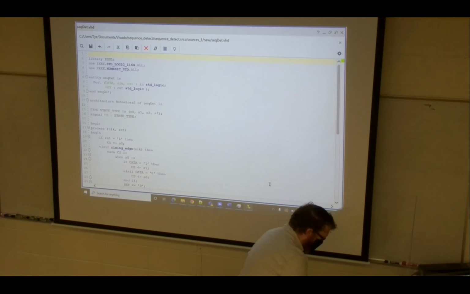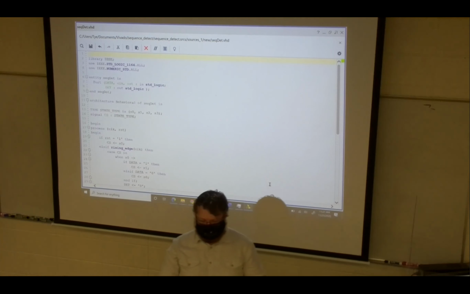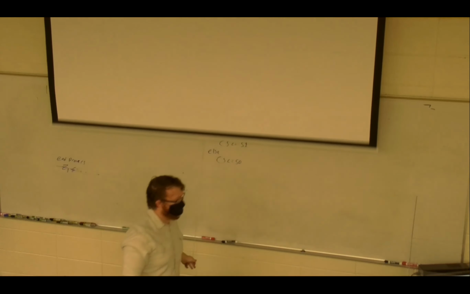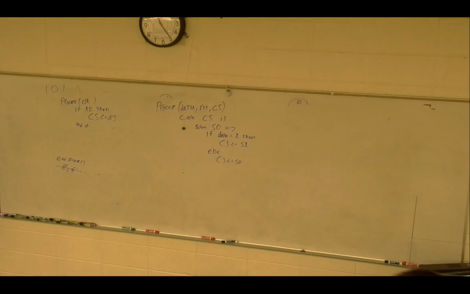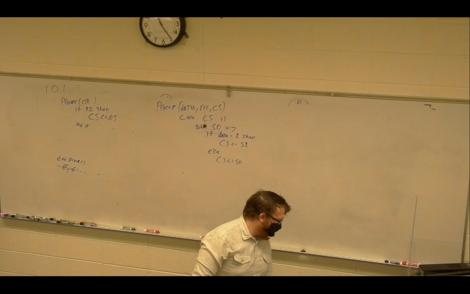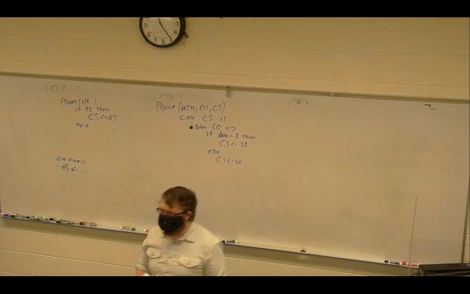Okay. So what we're gonna do now, while I still have time, is I'm going to talk about project 3. The last thing that we have to do as far as labs go in this class.